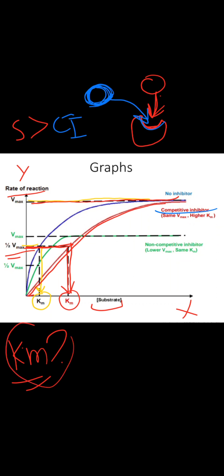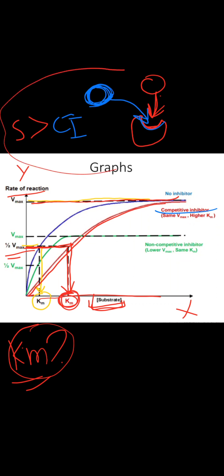This is the meaning of Km. And again, if you look at the x-axis, it is the substrate. The Km is on this axis, meaning, again from that definition, it is the substrate needed for 1/2 Vmax. So Km is talking about the substrate.